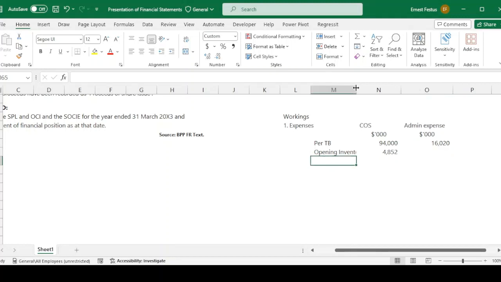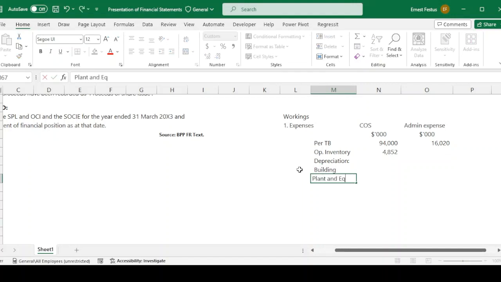So come here and open it a bit, and then I'm going to have my depreciation here. I'm going to bring a semicolon for building, so we're going to have depreciation for building as well as for plants and equipment.